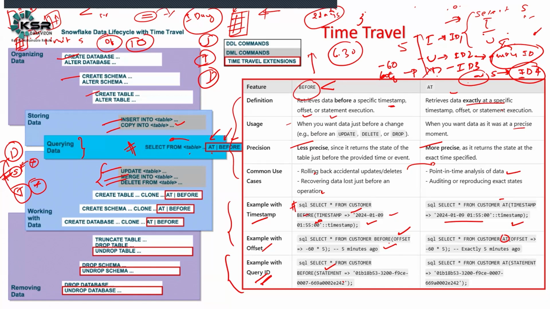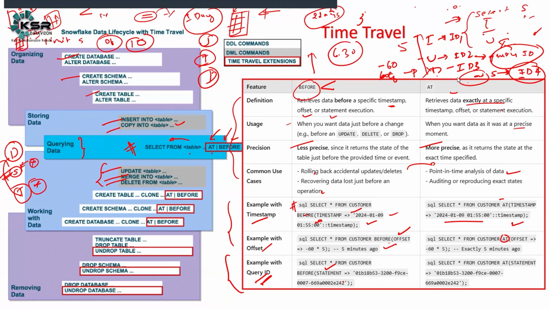Say I have done an update at 624 and an insert at 625, and I have written a query using at 626. I will get all the data till 625 because my last modification was 625. Am I correct? Yeah. Whatever timestamp you give, at will consider until that, and before will consider before the timestamp.